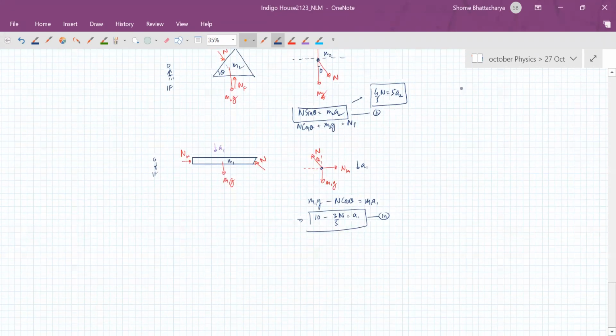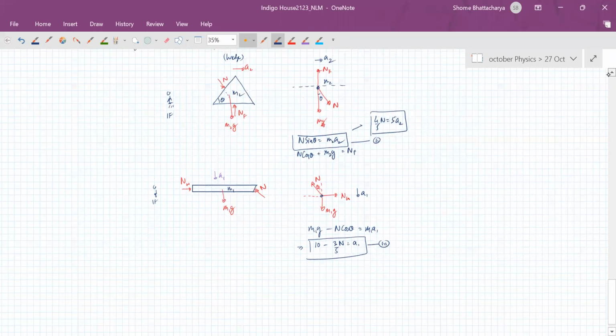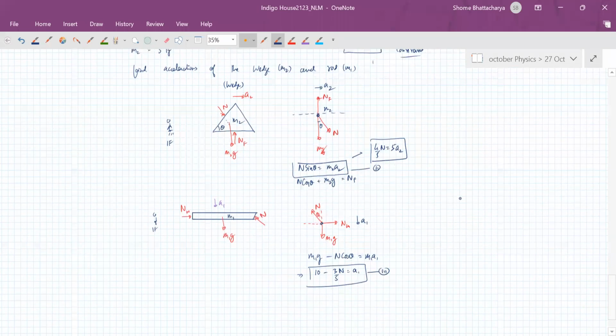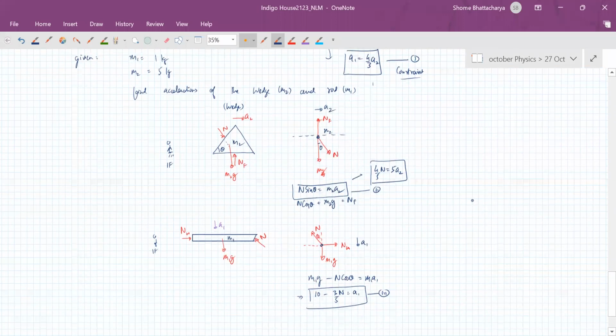Okay, so let's look at the solving. So from the above relation, if we substitute here, we have A1 is equal to 4 by 3 A2.